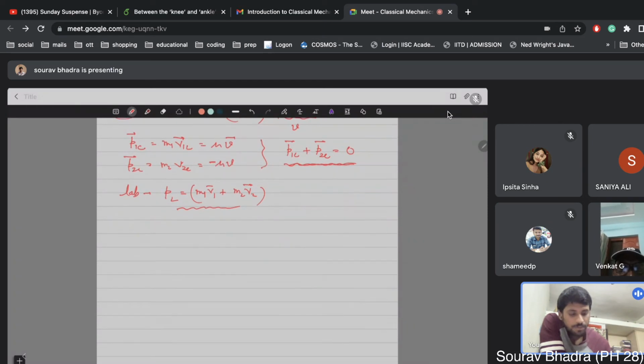Now suppose I have a collision problem where a mass m1 has velocity v1. It faces some scattering or collision, whatever you say, and the final velocity is v1 dashed.